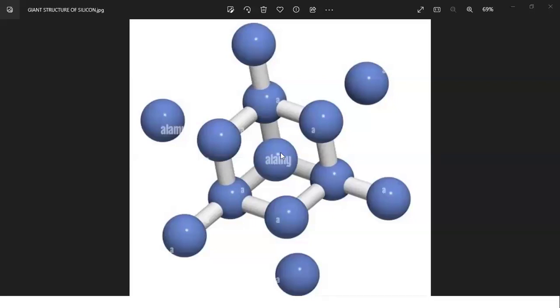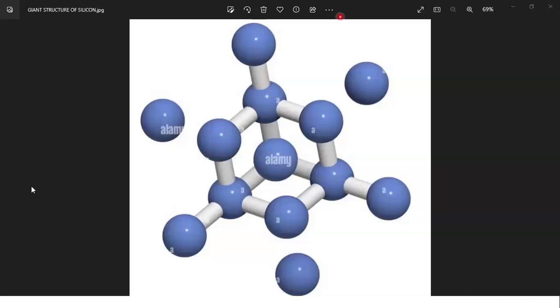When you're describing the structure of silicon, just say silicon forms a giant covalent structure, or giant atomic, in 3 dimensions, in which each atom is covalently bonded to 4 others in a tetrahedral arrangement. That's how you can describe it.